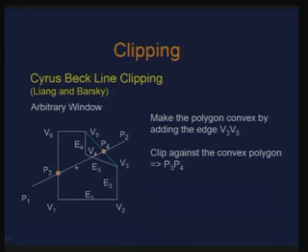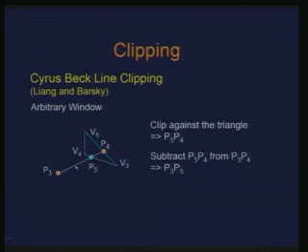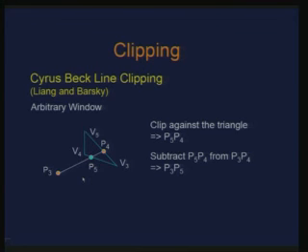When I did interior clipping to find P4, P5, I can also do the exterior clipping, that means the line which is not inside but outside that region, to give me P3, P4.